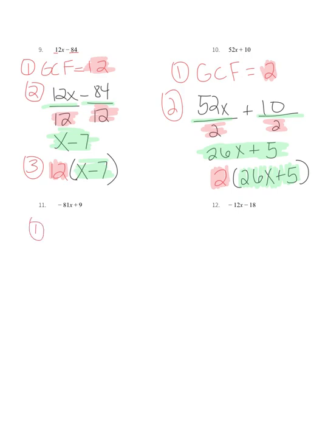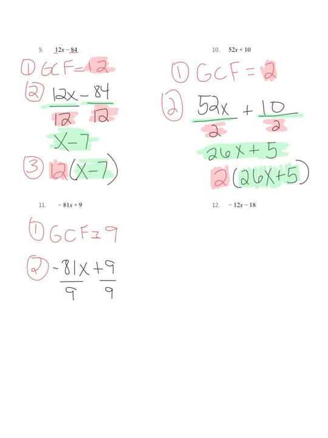My first step is to find the GCF, and the GCF of negative 81x and 9 is equal to 9. Then we need to divide both terms by the GCF, so negative 81x plus 9, divide both by the GCF, divide by 9, divide by 9.